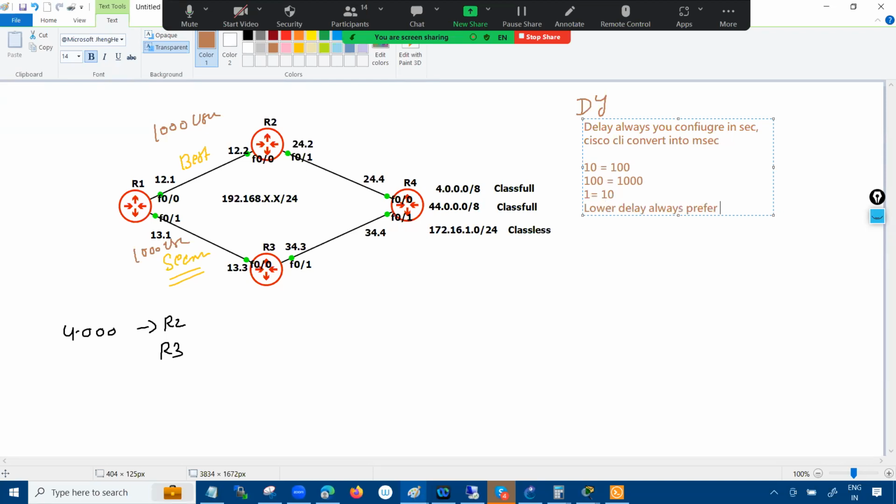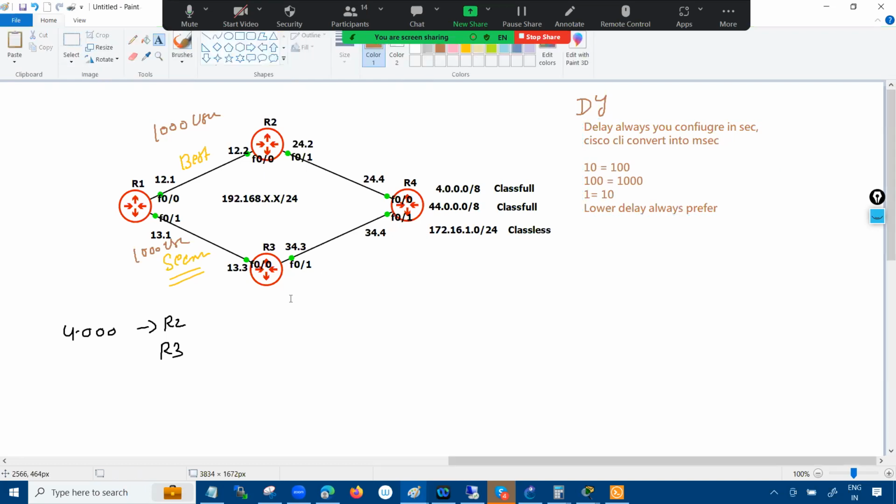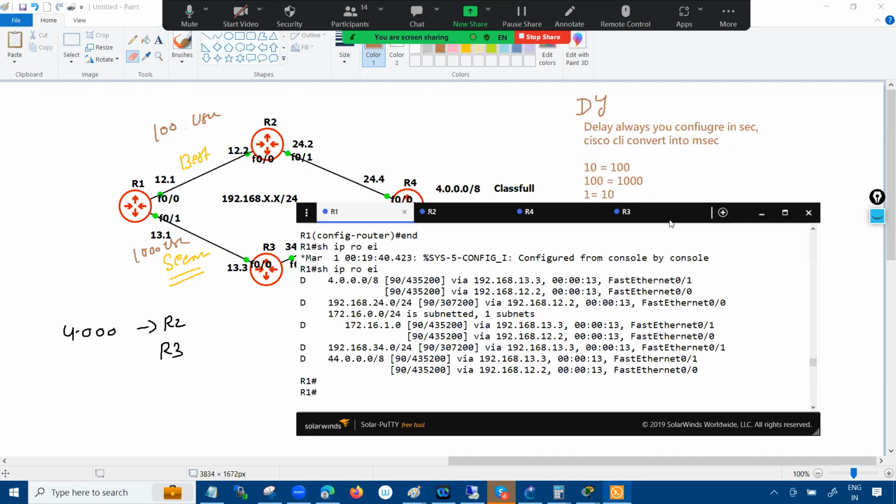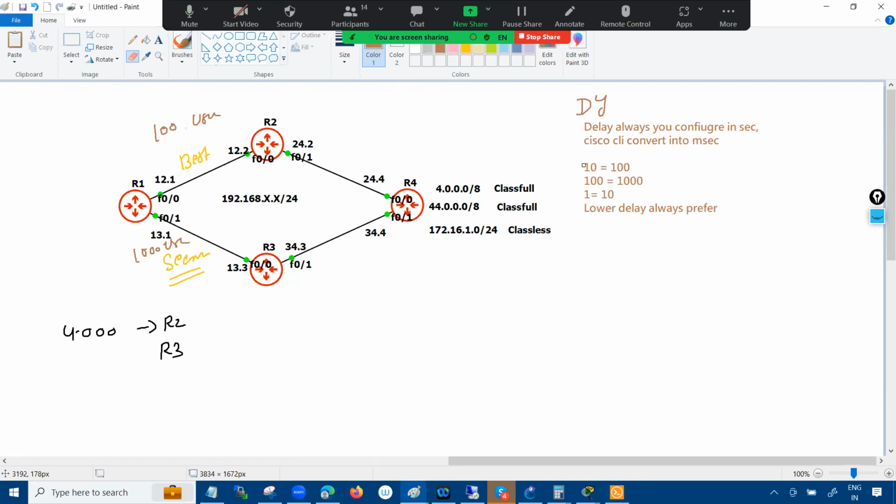So if I'm going to do path manipulation, what can I do? This is 1000 microseconds and this is also 1000 microseconds. I'll make this one the lower one, 100 microseconds. 100 means, if I configure 10, it will convert into 100.